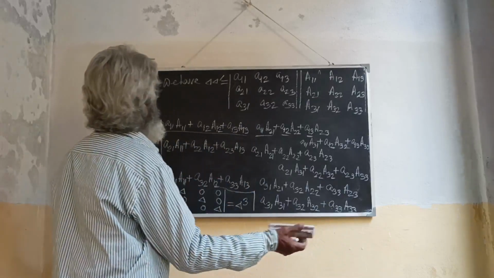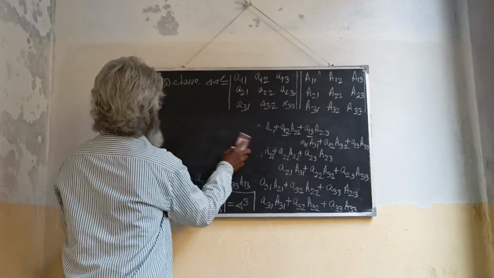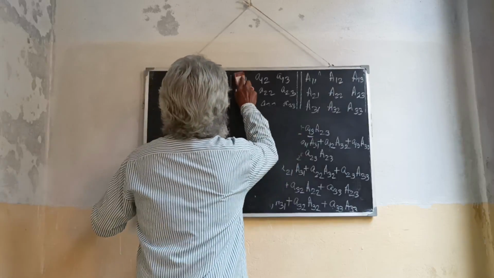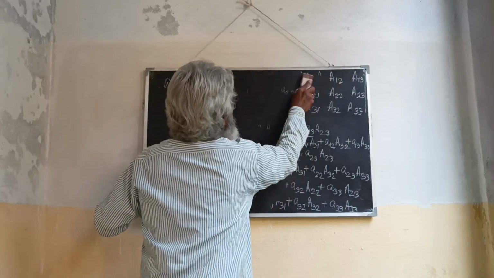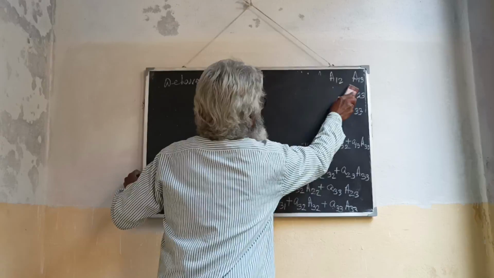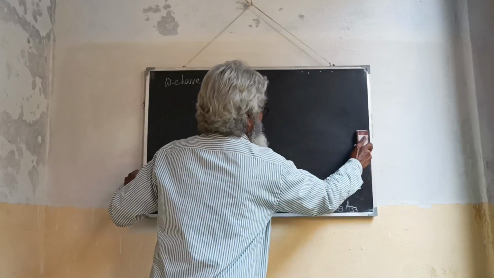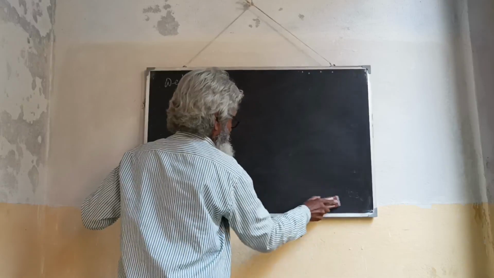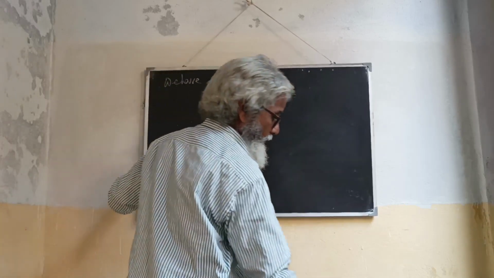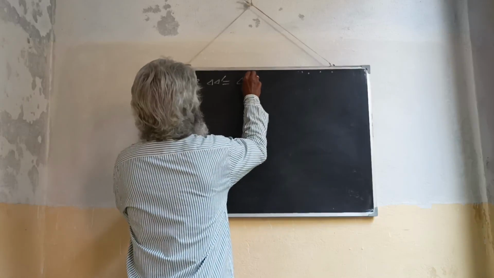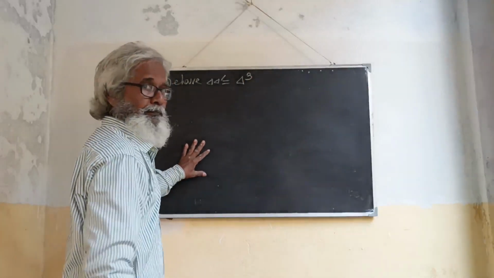So finally you see that delta into delta dash equal to delta cube. Okay.